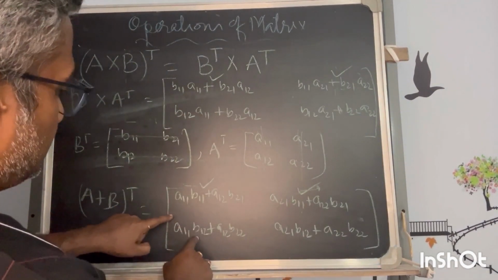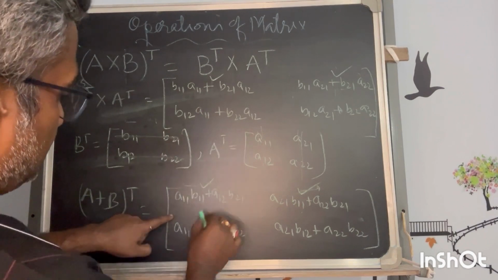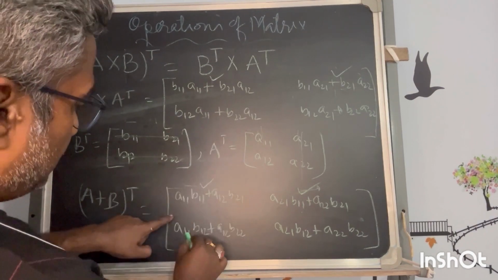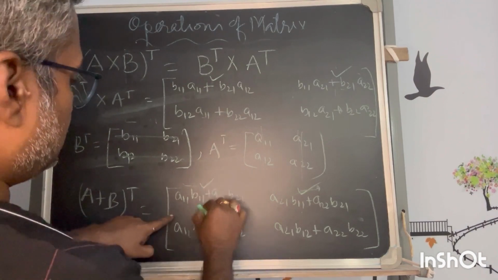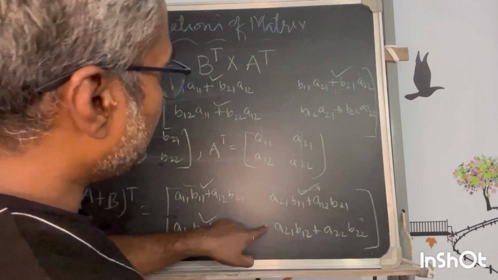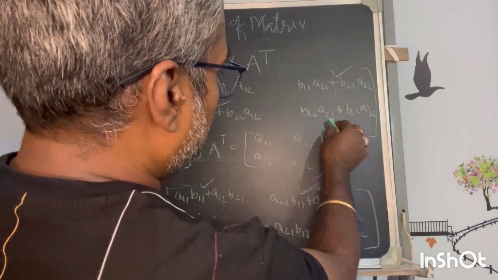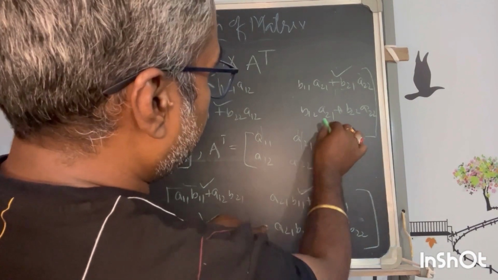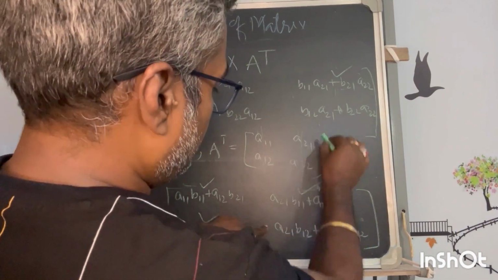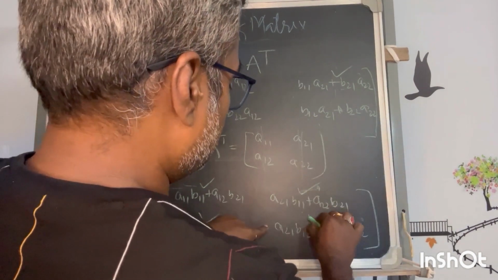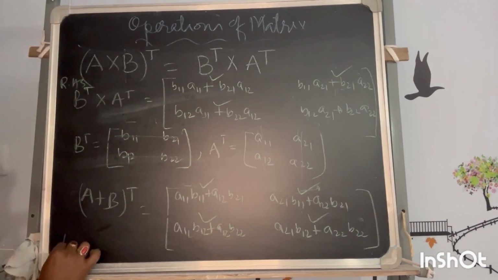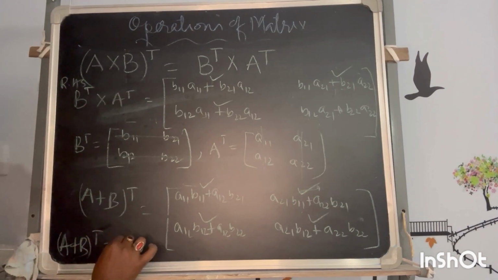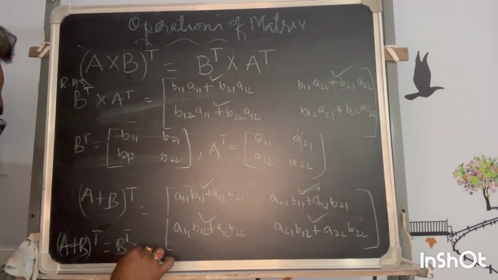Next come here, A11 B12, A12 B22, this is also matching. The next and the last also match, A21 B12, A22 B22. Now see the result, this is matching. So hence we can say (A plus B) whole transpose is equal to B transpose cross A transpose.